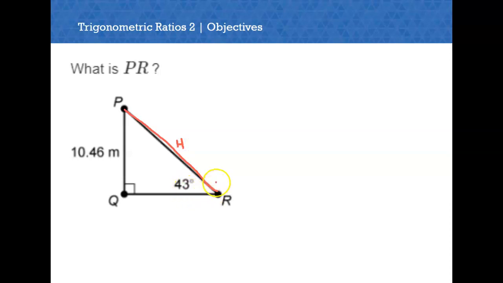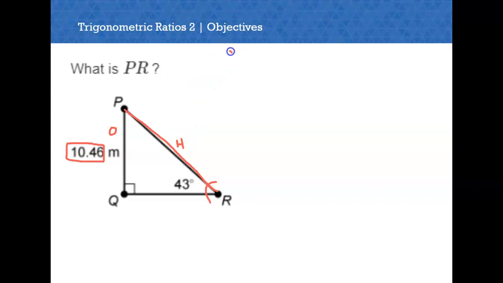We also notice that we have an angle measure of 43 degrees, and when we draw our arrow across from that angle, or opposite that angle, we see that we have the measure 10.46. That means that we have the opposite and we need the hypotenuse.